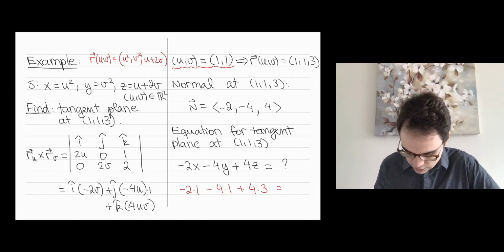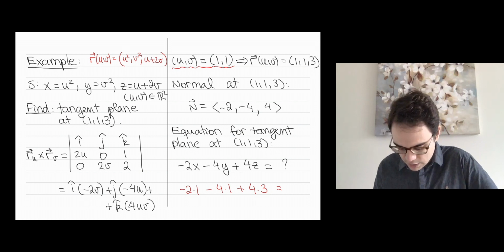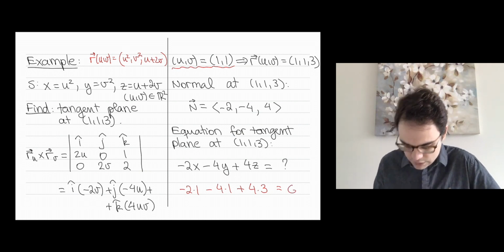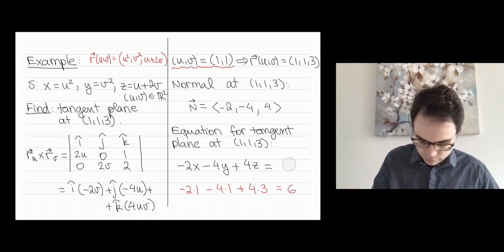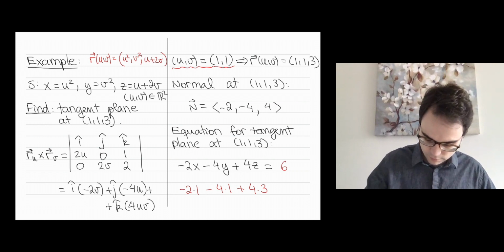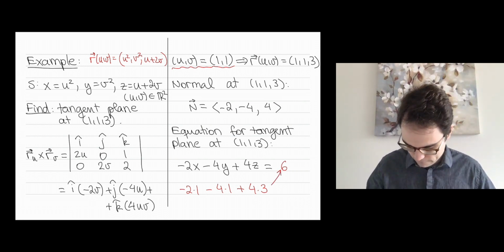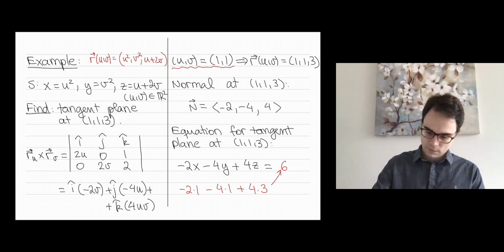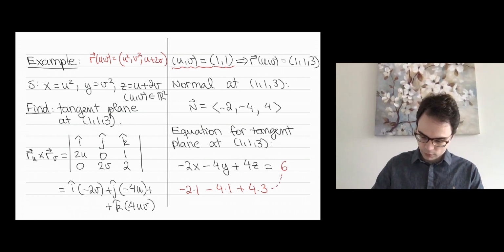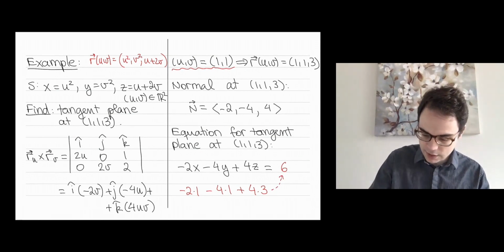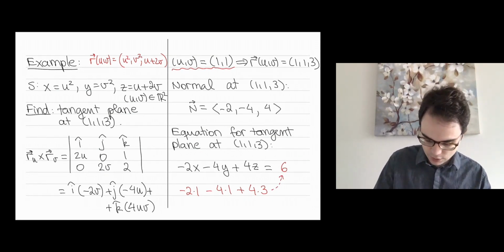That gives me -2 minus 4, that's -6, plus 12, the result is 6. So that's what I want to put on the right-hand side. And this is our answer for this question.